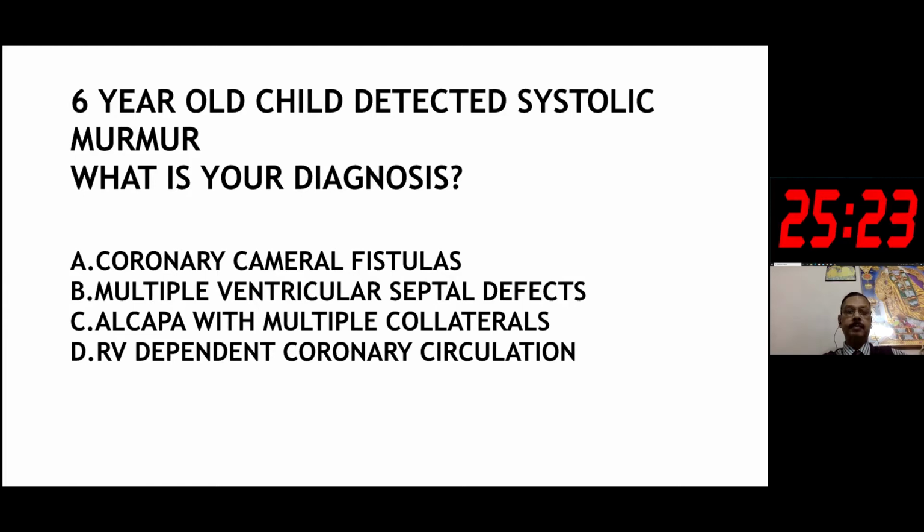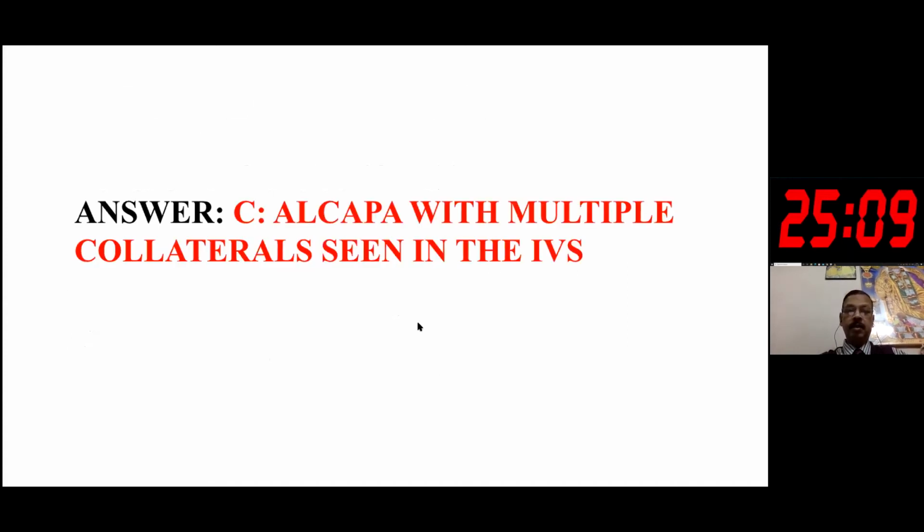Well, a majority has given 49% as multiple ventricular septal defect. But the answer is ALCAPA with multiple collaterals seen in the IVS. I must go to this view first.